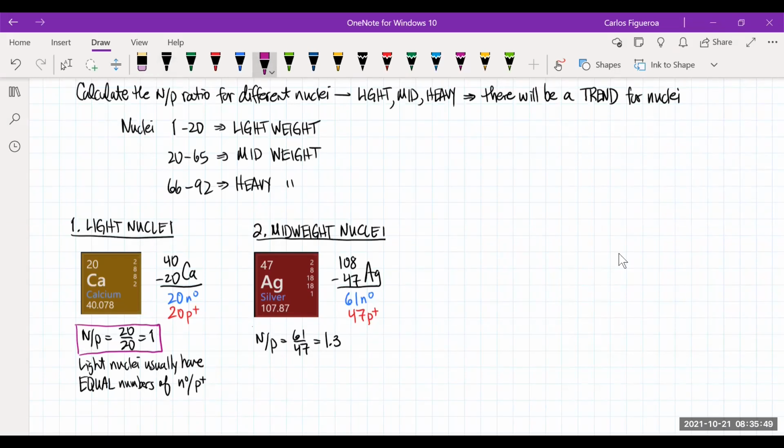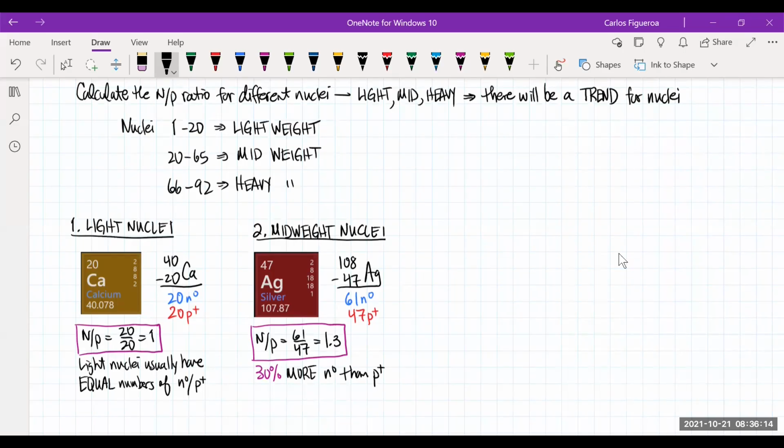1.3. Now, why is that important? What that tells us is that there are 30% more neutrons than protons.